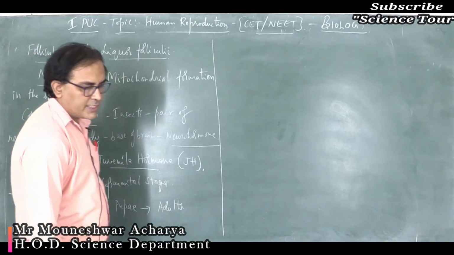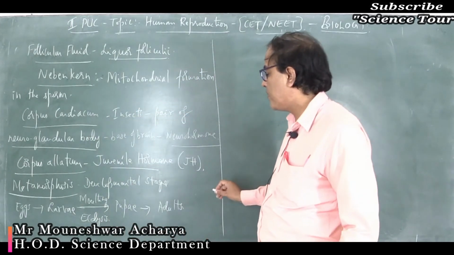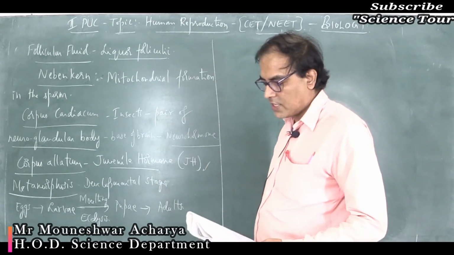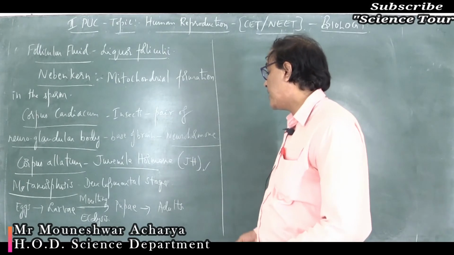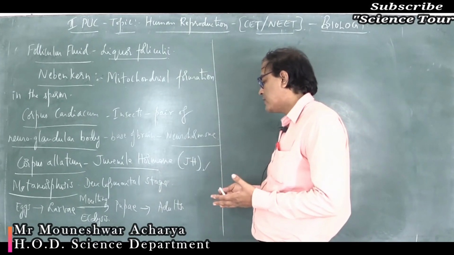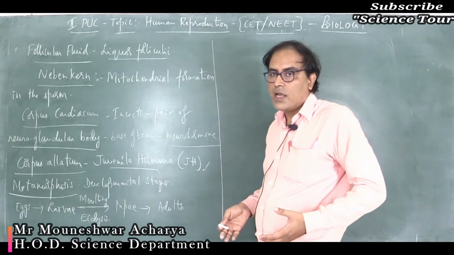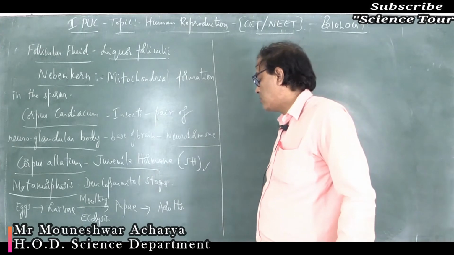Adult insects are formed. So for this metamorphosis, for the developmental stage, the juvenile hormone is very essential. If this juvenile hormone is secreted in excess amount in the larval stage, then it causes gigantism, meaning the adult will become more bulky and huge.